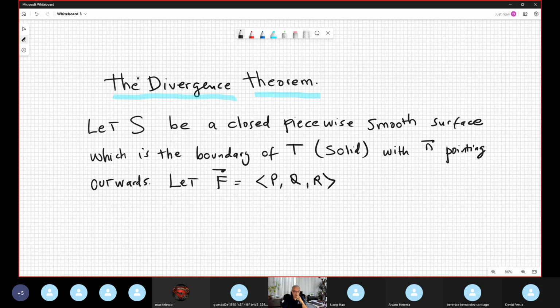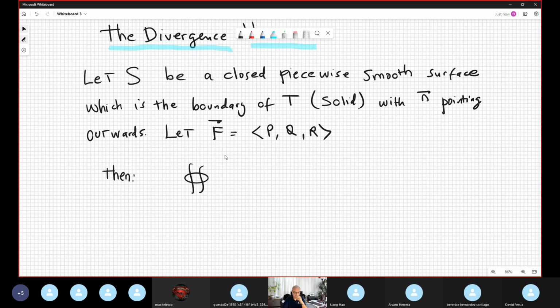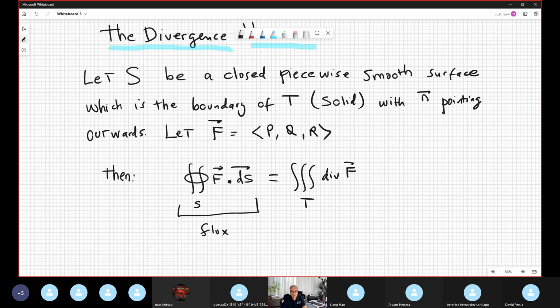So now the divergence theorem states the connection between a surface integral over the closed surface, actually this is a flux, the flux crossing one closed surface, and it is equal to the triple integral in the volume T of the divergence of the vector field dV.